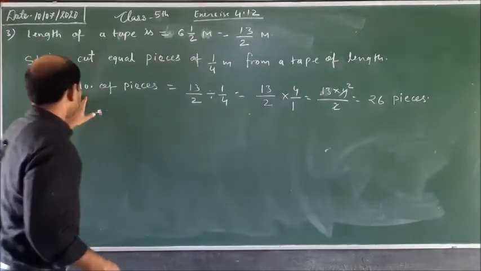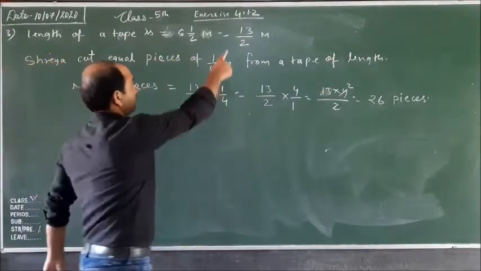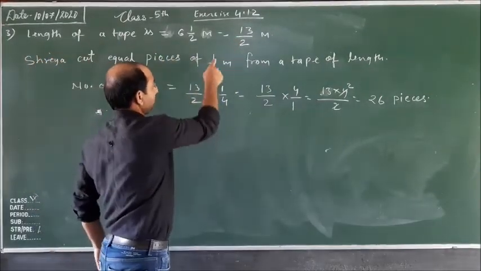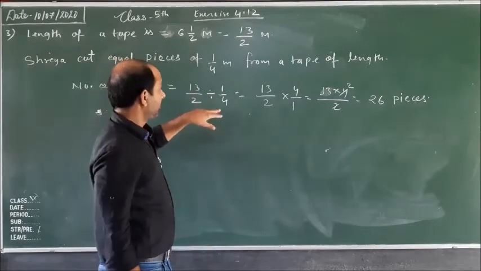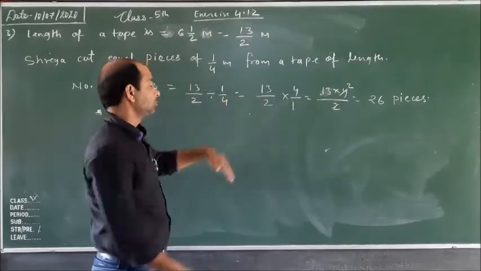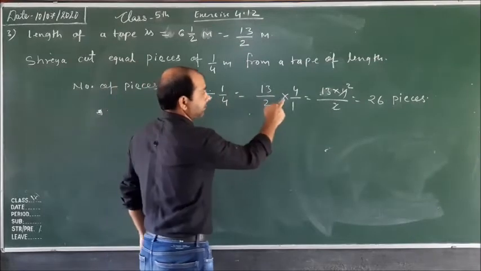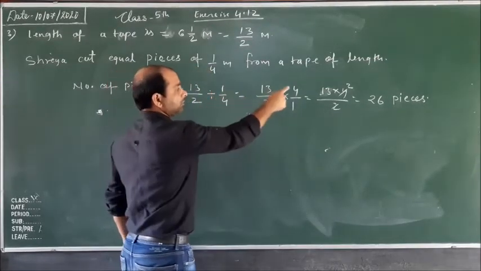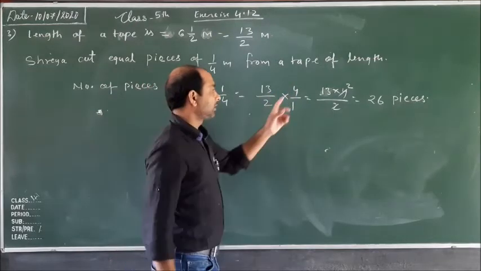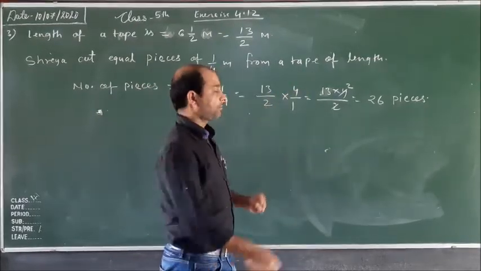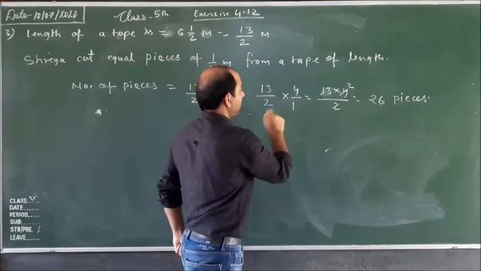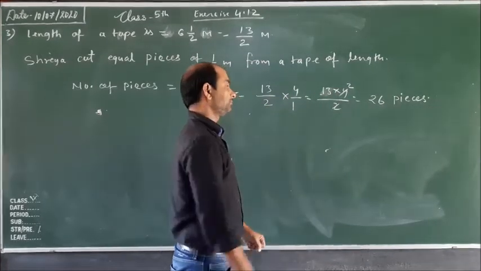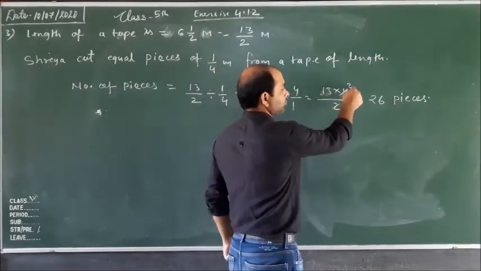So the number of pieces equals 13/2 divided by 1/4. We change 1/4 into the reciprocal, 4/1. So 13/2 multiplied by 4/1. 2 times 1 is 2, 2 times 2 is 4.